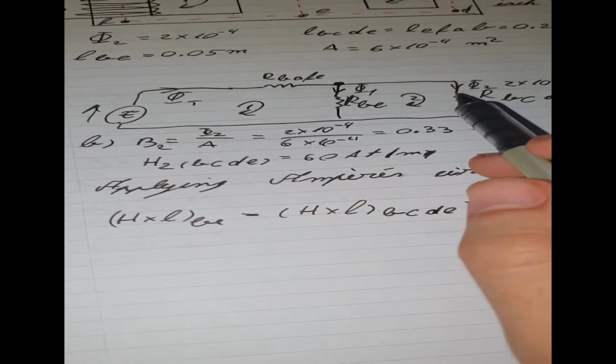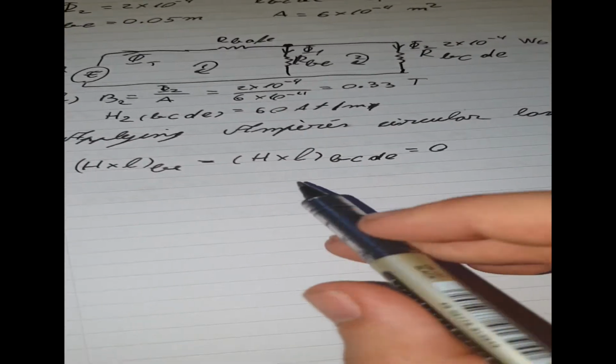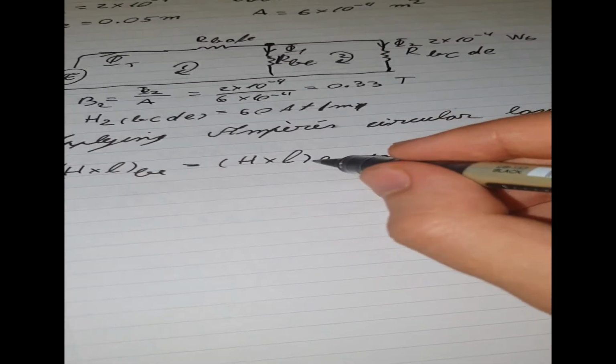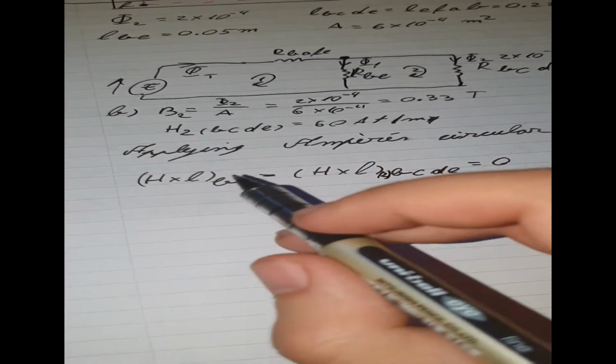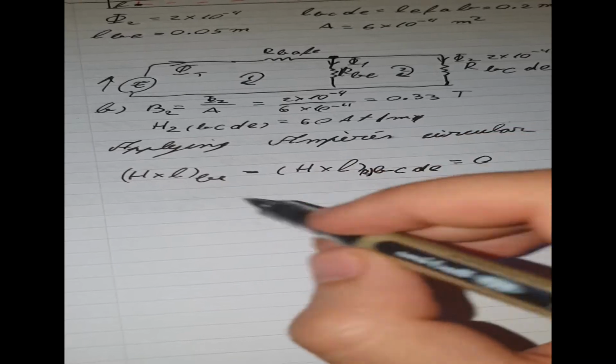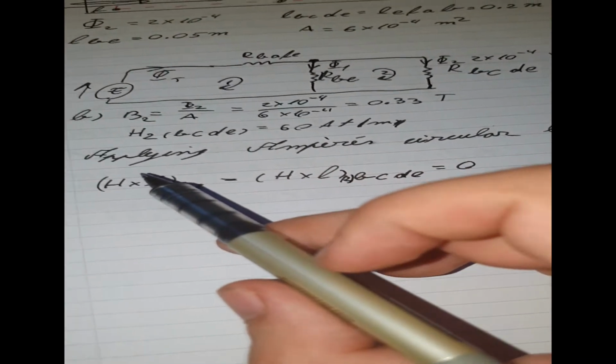Why do we use this one and not this one? Well, we already know the flux through it, and because we know the flux, we already determined the magnetic force, so we can use the magnetic force in this one here, because this one is number 2 as well. So now we can simply replace the values.